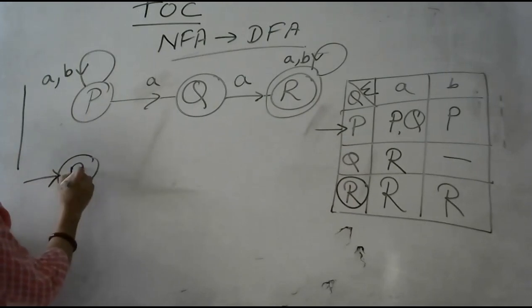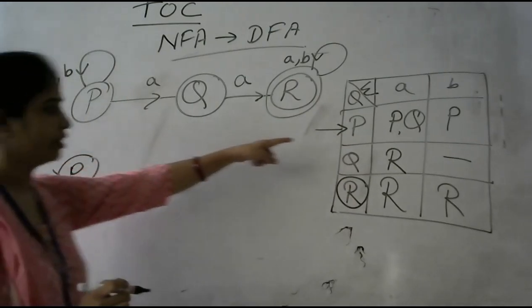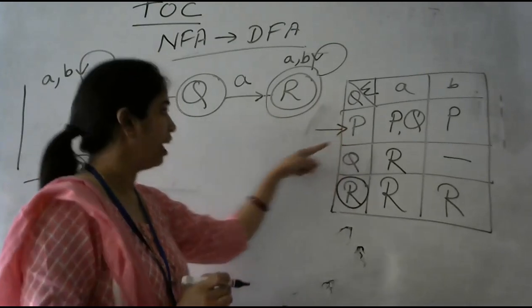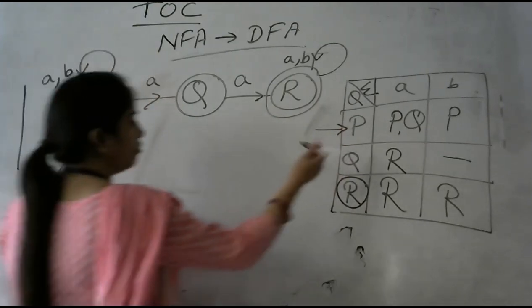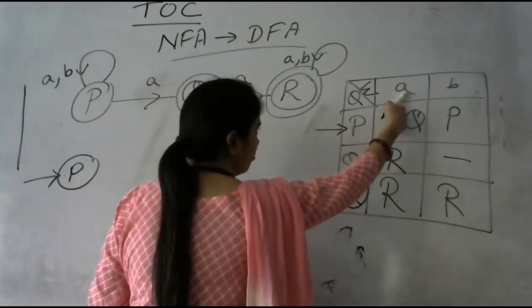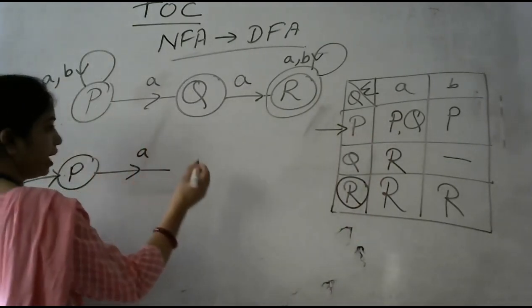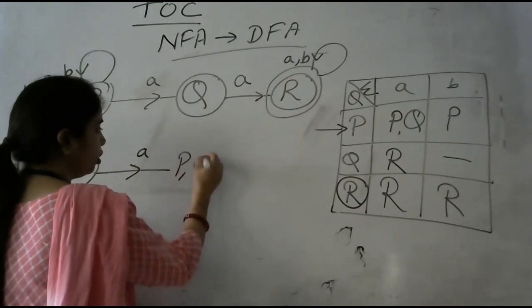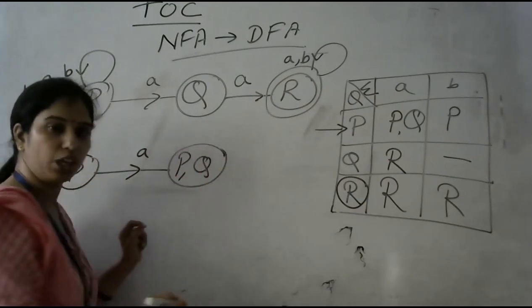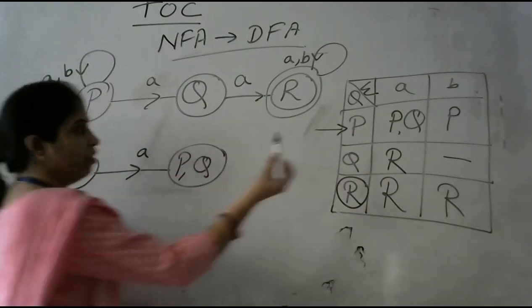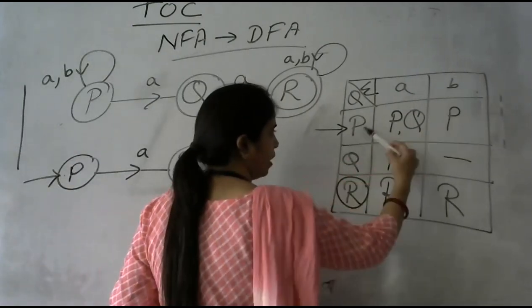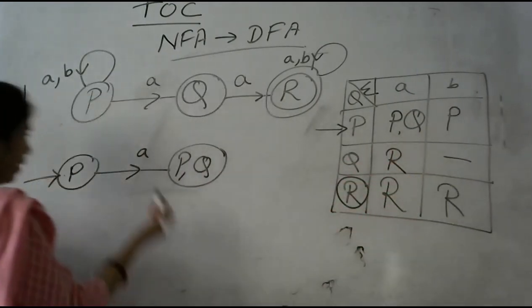Initial state is P. It is given that the initial state is P. We have to read A from P. We read A from P and go to a new state called PQ. And we read B from P and go to P itself.